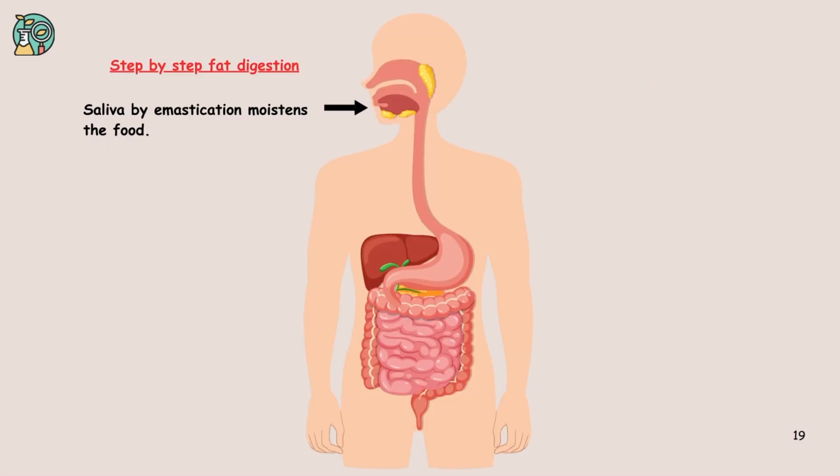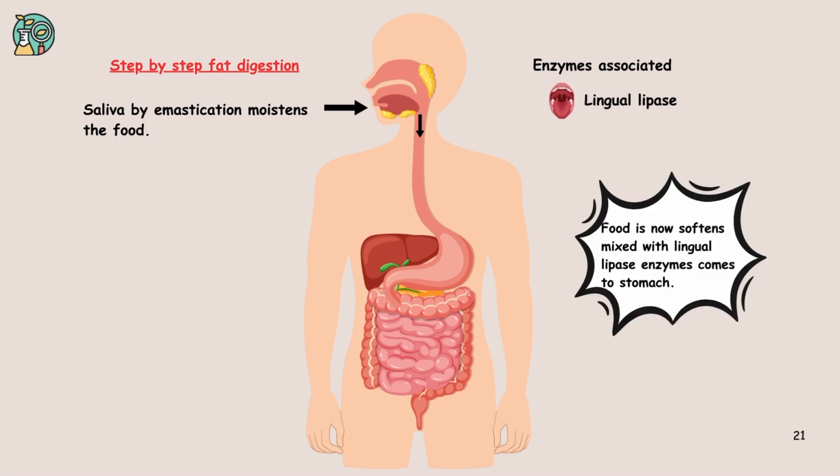Now let us understand the step-by-step fat digestion in the human body. First, the saliva of the mouth moistens the food by mastication. Here the enzyme lingual lipase gets associated with the food. The food is now softened and mixed with lingual lipase enzyme and goes in the stomach.